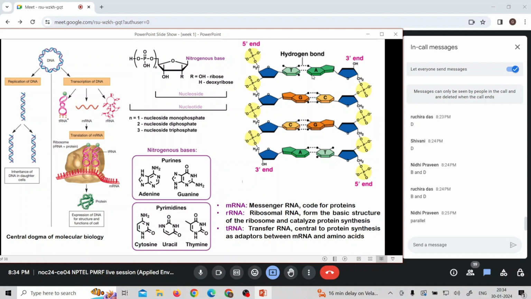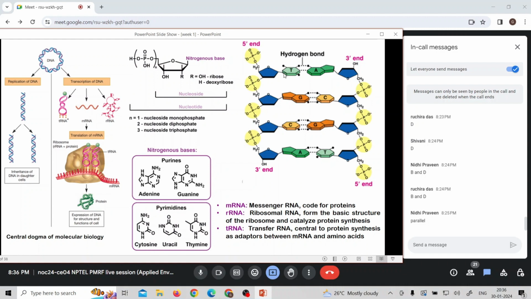Okay, this phenomenon of A pairing with T and G pairing with C is called complementarity. Like when you have a TGCA orientation of one strand of a DNA, the complementary strand is going to be ACGT only. Okay, so that is known as the phenomenon of complementarity between the strands of the DNA.